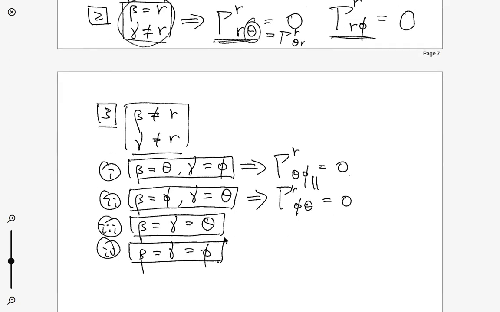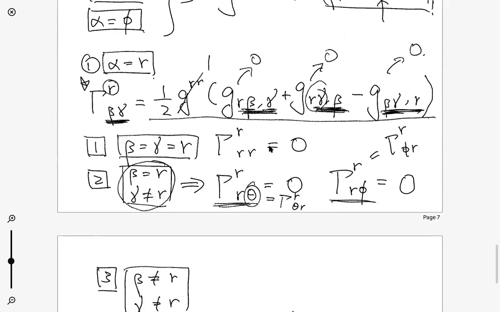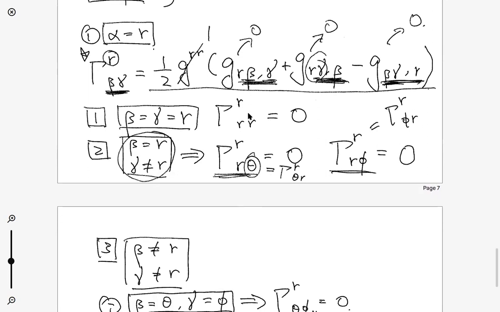But what about this case, when both beta and gamma are theta? What would happen to the first term here, the G r beta, comma, gamma?